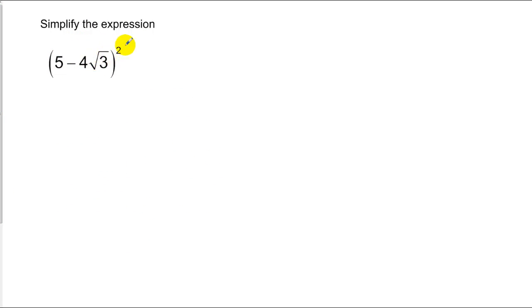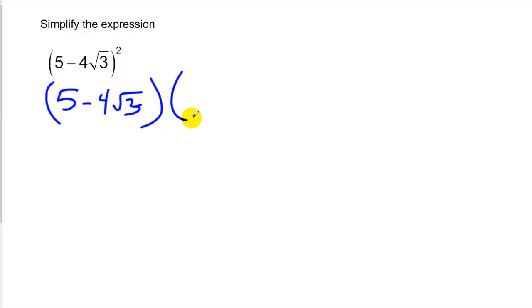So we now have a binomial squared, and the best way to handle that is to rewrite the binomial twice and FOIL together.